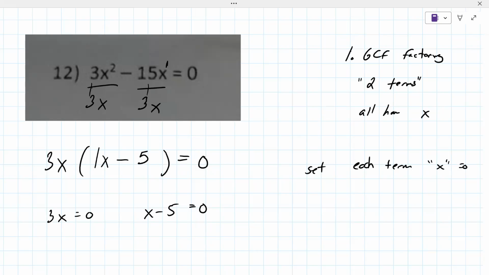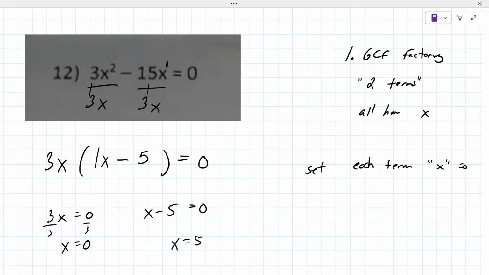I got x equals 5, x equals -3. Yeah, but you're dividing. Oh, so wait, x equals 0? Yes.